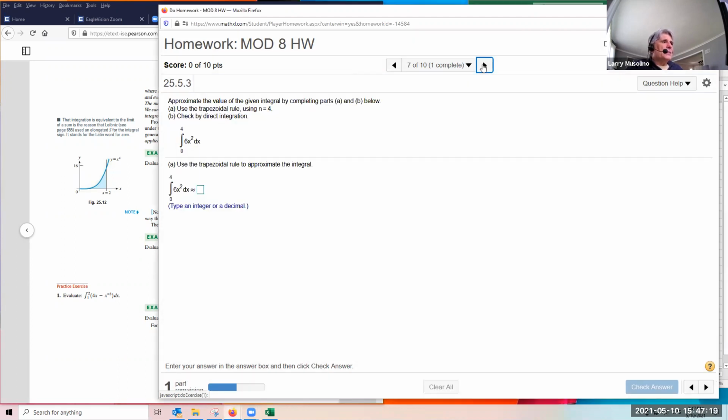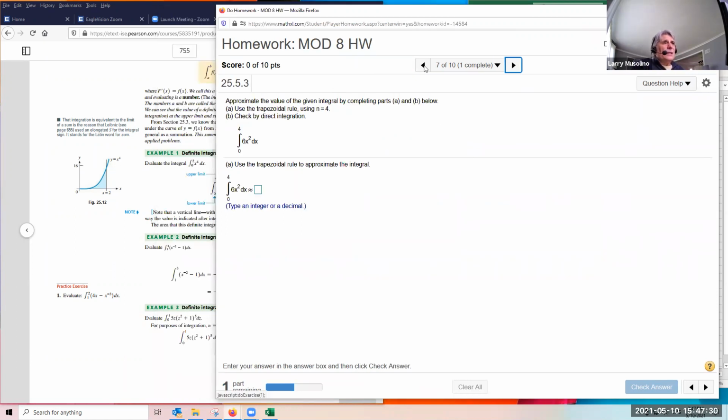Let's go to something different now, which is this idea of using the trapezoid rule. So if you remember from module 7, what we did in that module, and you did quite a bit of these examples, was you wanted to find the area under this curve. And what you did is you said, let me find the area using rectangles.